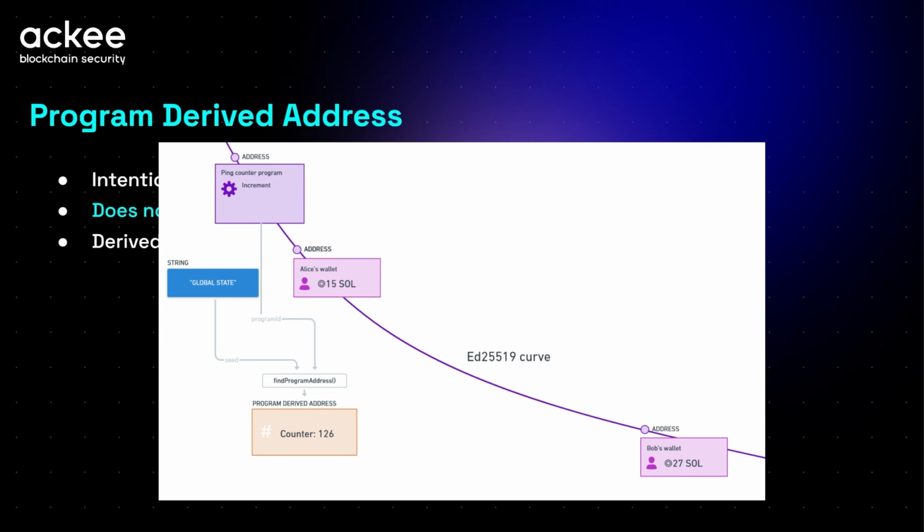But if you would like to store data in some account that has its address as a PDA, a program-derived address, you can see that the first part here, the seed, which is this blue one, is the static string called global state. That's the first and only seed used here. Then the second part is the program ID. So you take the program address, which is the program ID.